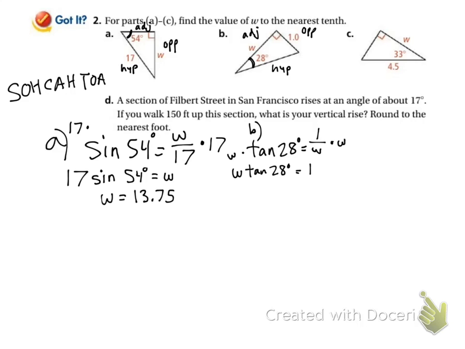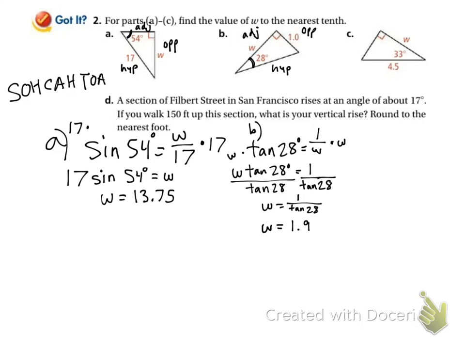And then to get rid of the tangent of 28, I need to divide by it. So I get W alone. So I get that W is equal to 1 over the tangent of 28. And when I do that on my calculator, I get that W is equal to about 1.9.